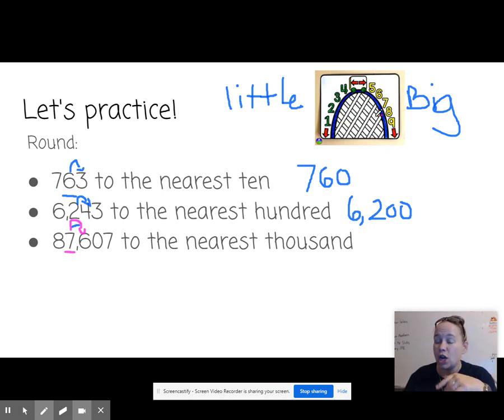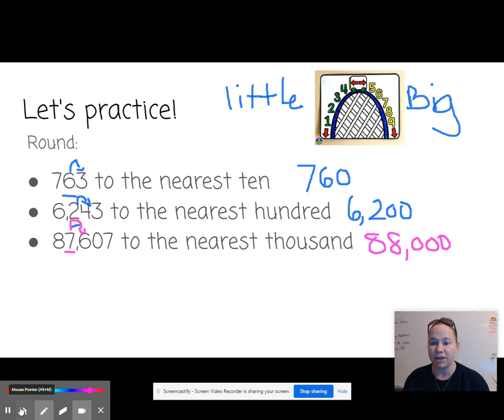It's on this big side. We're going to give it a shove. So we're going to actually shove that 7, and he pops up 1. So that 7 turns into an 8, and everything else turns into a 0. You got it. You are so smart, my friends.